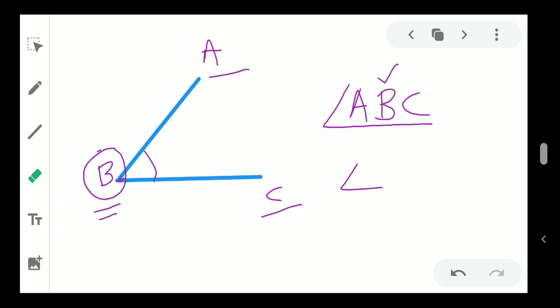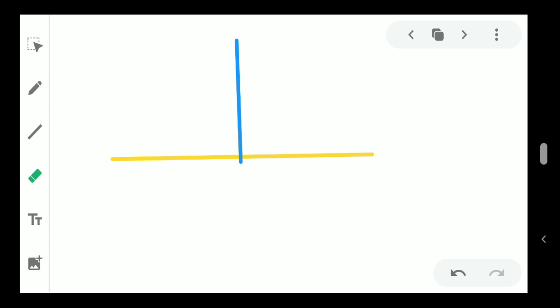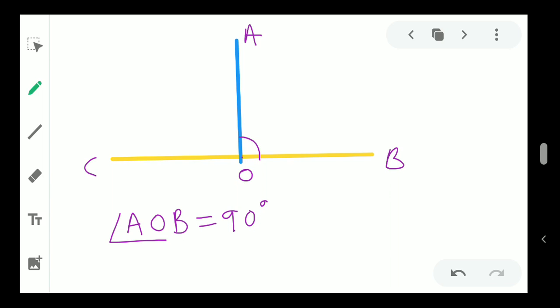Okay, coming back to our situation, let's say we have one angle, say A, this is my one point, say O, this is my B, this is my C. So I know that my angle AOB means which angle? AOB, O is middle, so AOB means this angle I'm talking about. This is equal to 90 degree, I know.